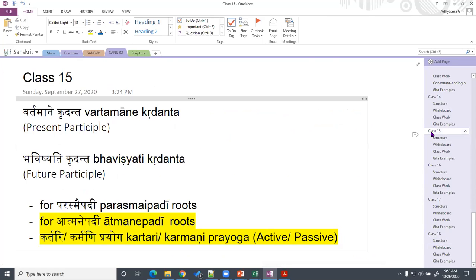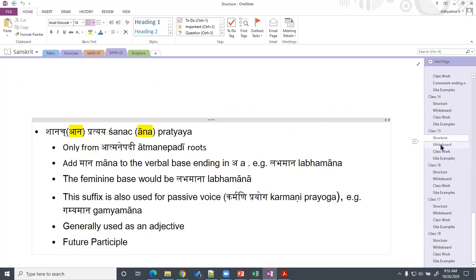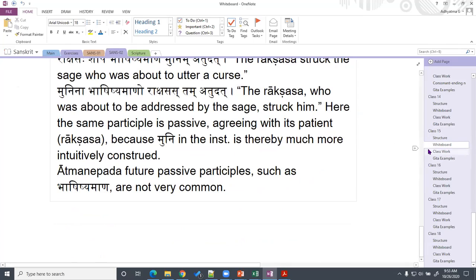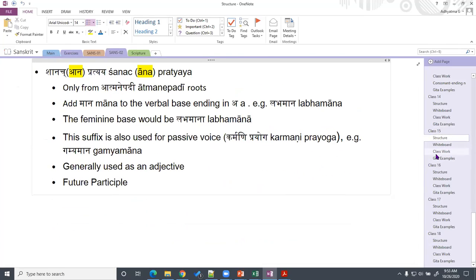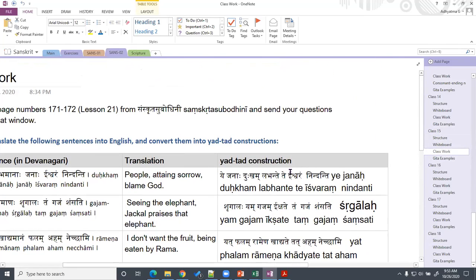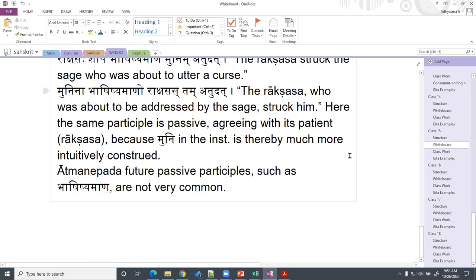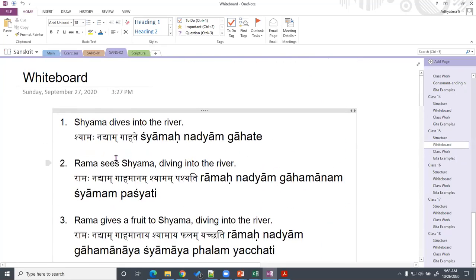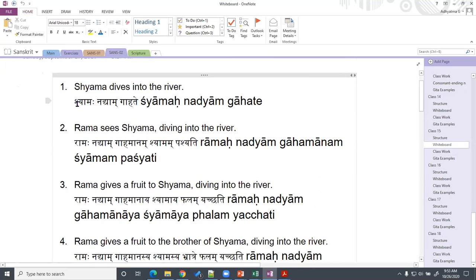So for that, we saw some of the structures there. Like Shyamaha Nadyam Gahate, then Rama sees Shyama diving into the river.